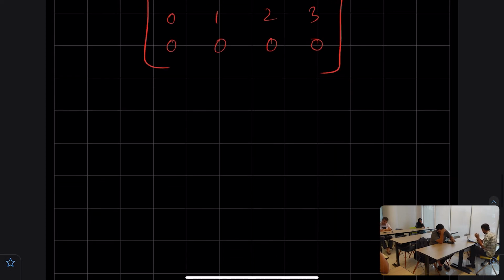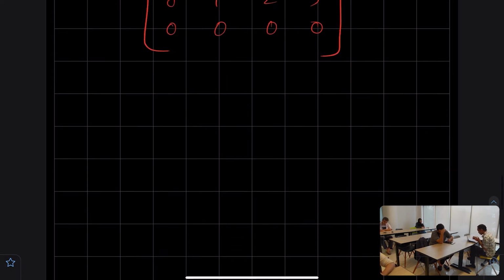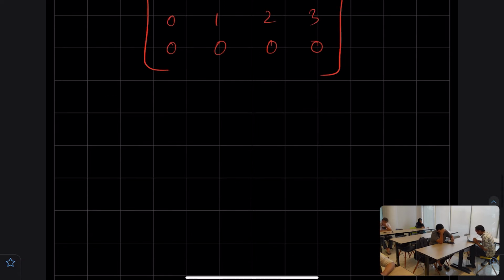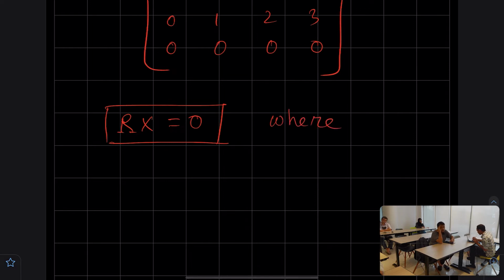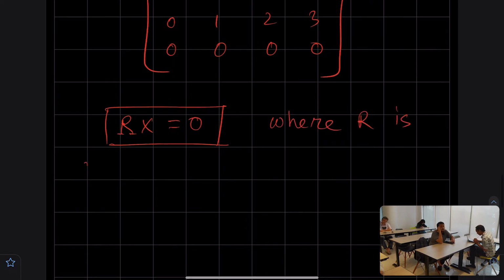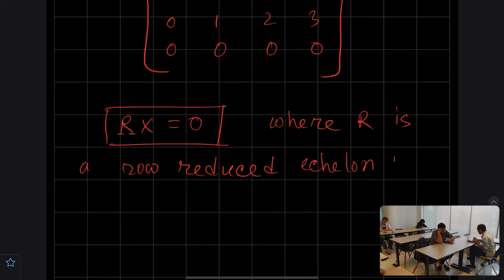Now let us focus on the system of equations Rx equal to 0, where R is a row reduced echelon matrix. Okay.